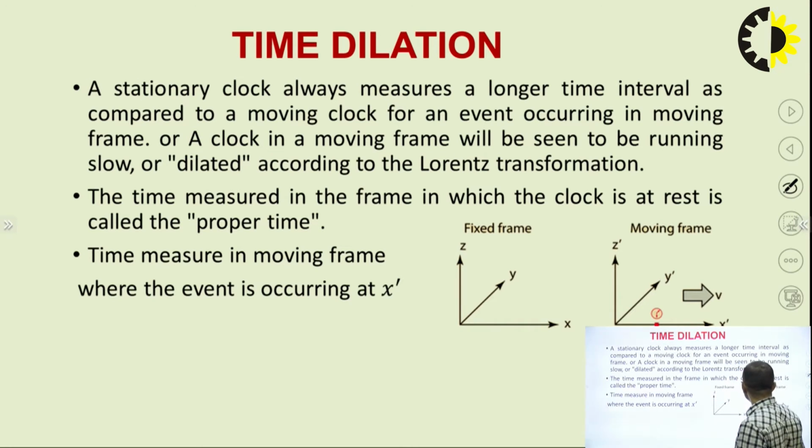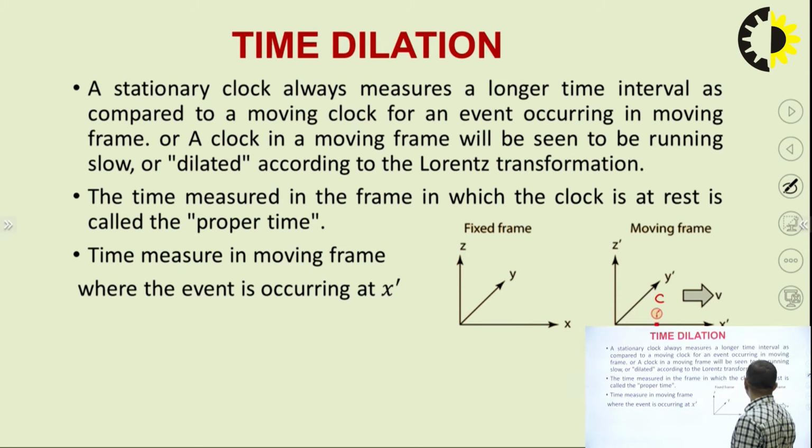But if we are measuring the time interval between the two same events in the same frame of reference, for example, here we have considered this clock C in the moving frame and are measuring the time interval between the two events from the same frame, from the moving frame, then this time interval will remain the same.